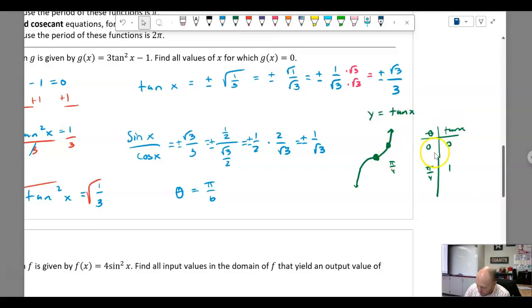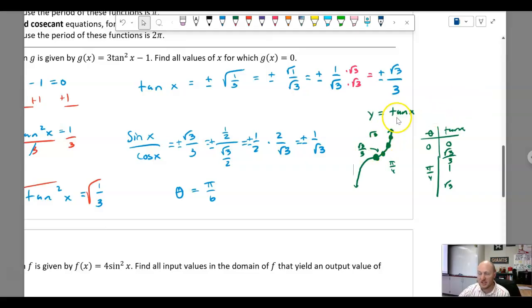Well, I have the other values that both have a square root of 3 in them, okay? And one of them is divided by 3, and that's going to be a smaller value, right? So that is this value here, because the square root of 3 divided by 3 is smaller than the square root of 3. This is the square root of 3, and that right there is the square root of 3 divided by 3. And so how do I remember this?